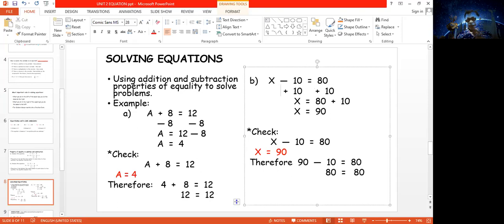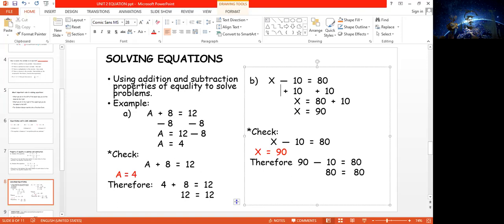Negative 10 plus 10 is equal to 0. So what you do is plus 10 to the left-hand side, and you also add 10 on the other side. As our rule says, what you do to the left, you do to the right. What you do to the right, you do to the left.